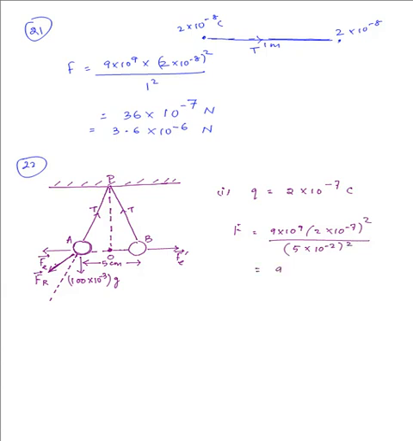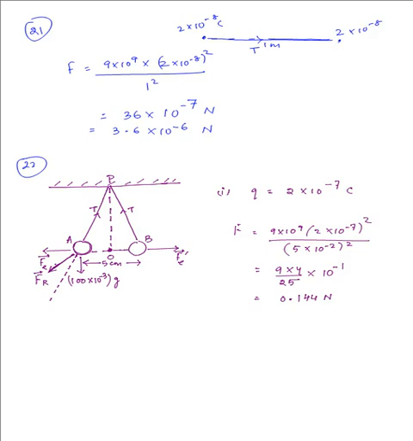So this is 9, and then we have 4, and then we have 25, while the powers of 10 will be 10 raised to power minus 1, if you see that, and then this will be 1.44, then multiplied with 10 raised to power minus 1 is 0.144 Newton. This is what I am getting. You can try yourself. You'll probably find the same answer as well.